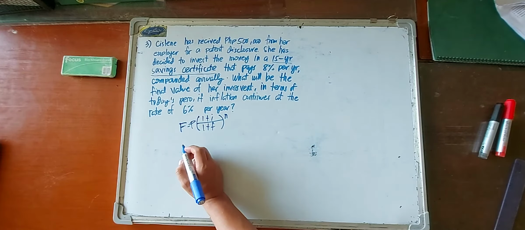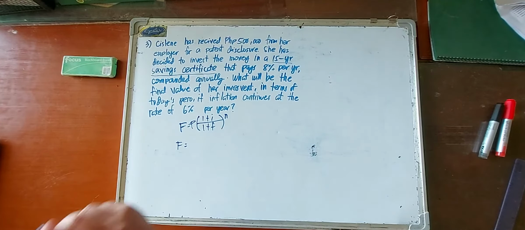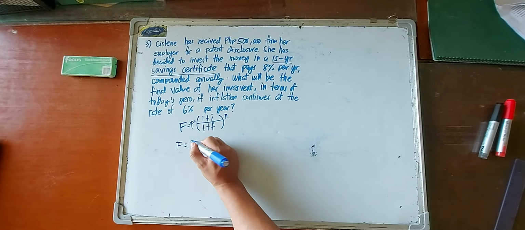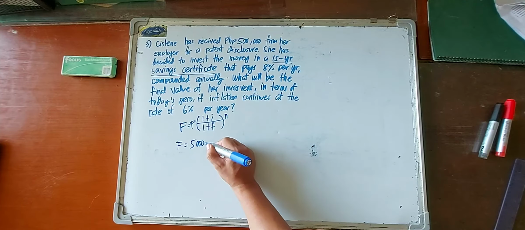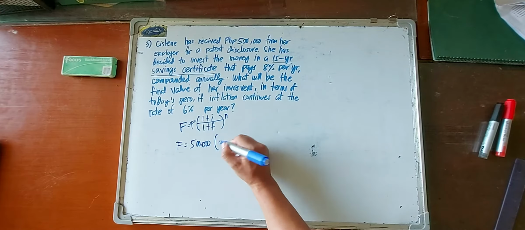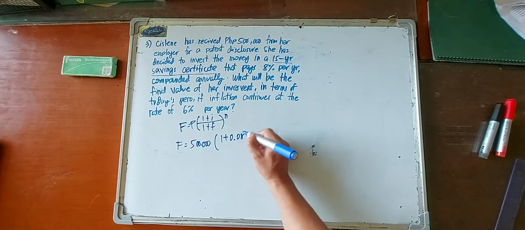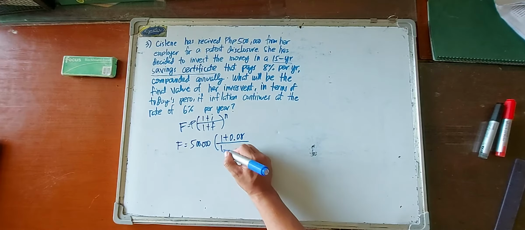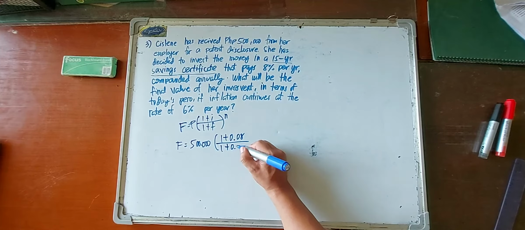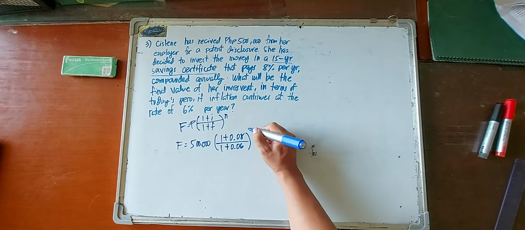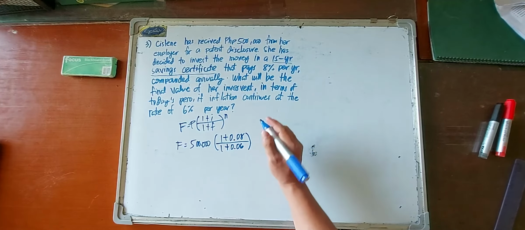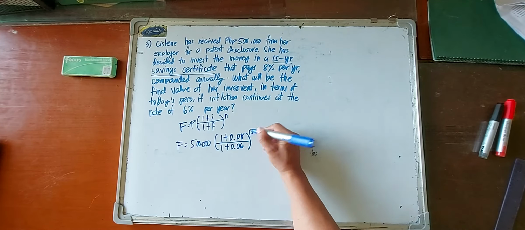Okay, so we have, so our present value is 500,000. Interest rate natin is 0.08 or 8%. Inflation rate natin is 6%, and we're computing for the value of our investment after 15 years.